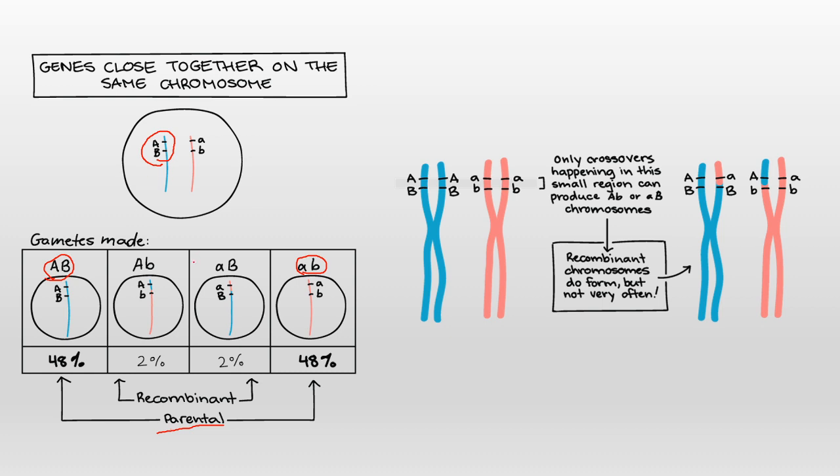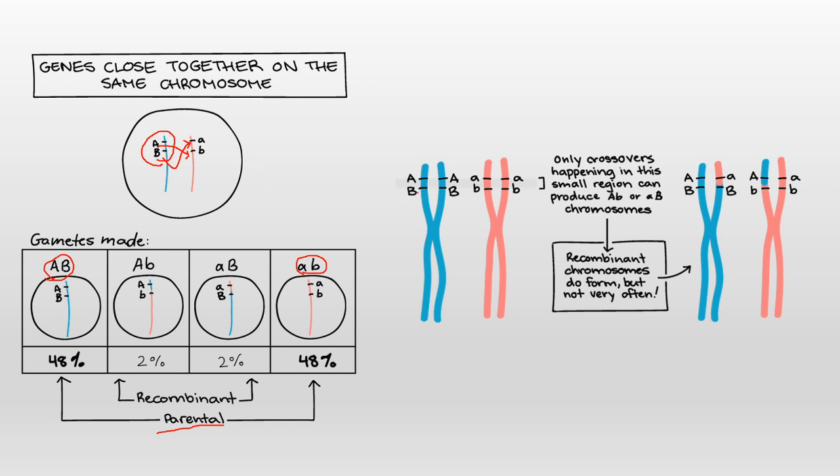Now a very low chance is there for the recombinants. There is a very low chance that this capital A will go with small b, and capital B going with small a. The chances are very low, and this is why these are called recombinants. The question is why?